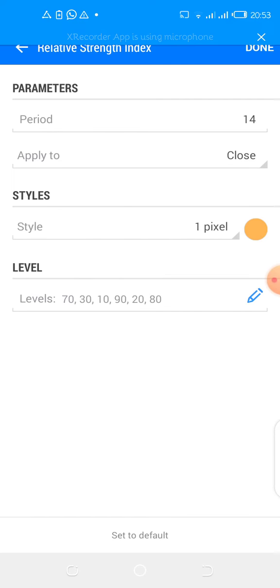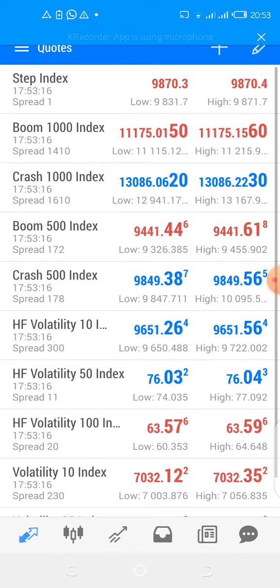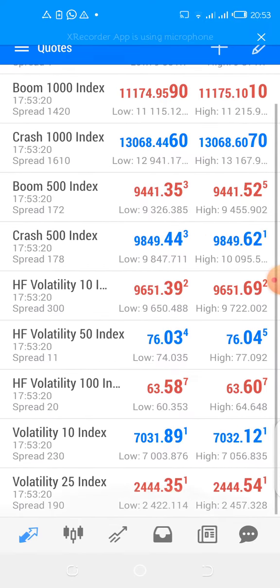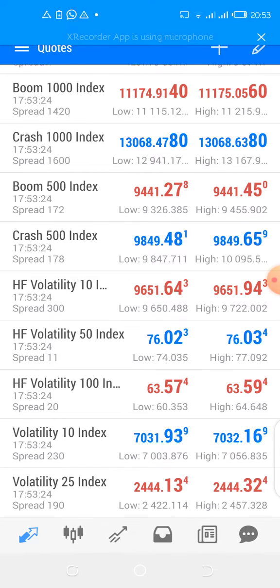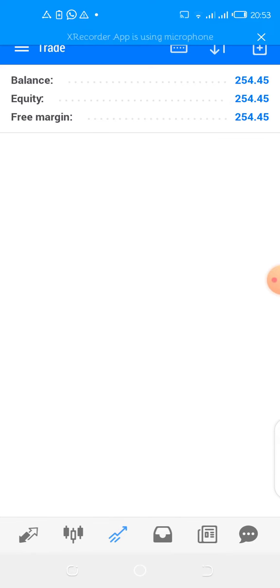Let me go back. Sorry for that. This is the platform for the MT5. The blue shows you the market or the currencies that you are currently trading. You can choose from them. The next tab shows you the chart. The third tab shows you whatever history is in your account, and so forth.